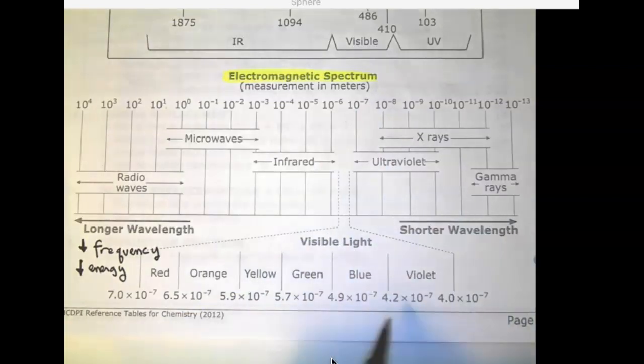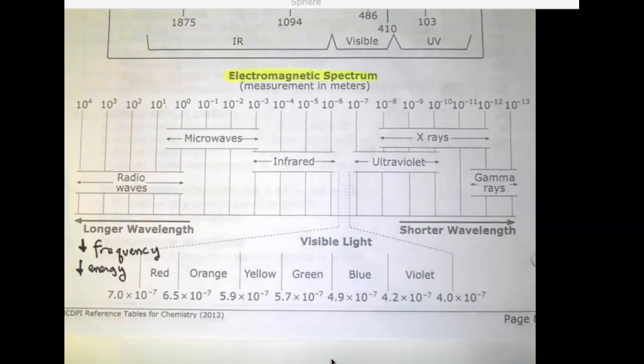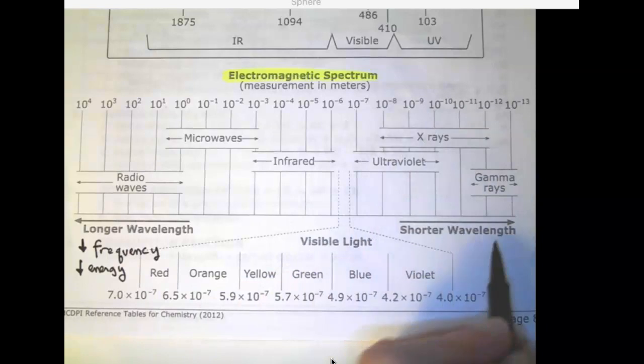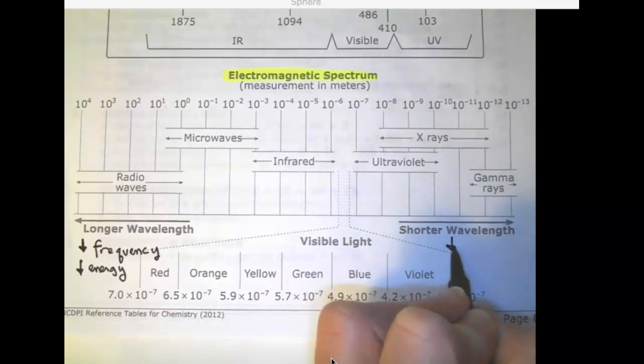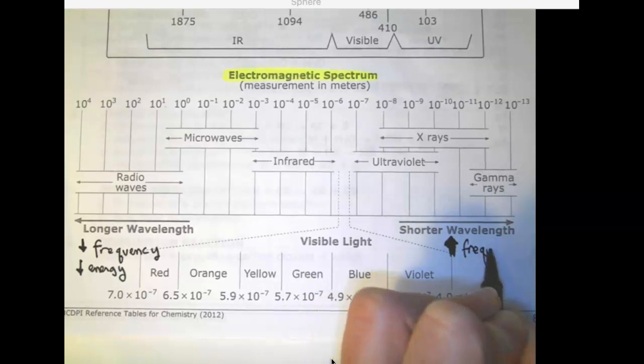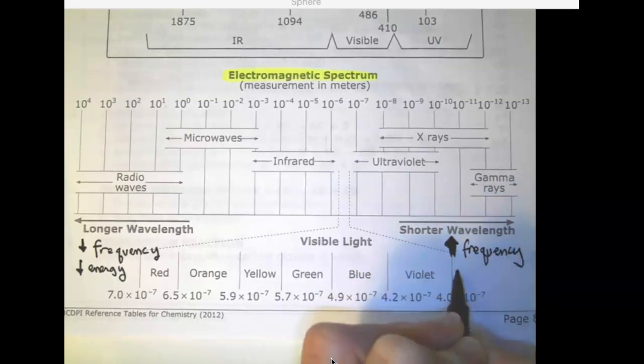We can detect very, very short wavelengths, and we can tell the difference. And we keep going all the way to gamma, which has the shortest wavelength. So they have the highest frequency. They happen most often. And they are the highest energy.